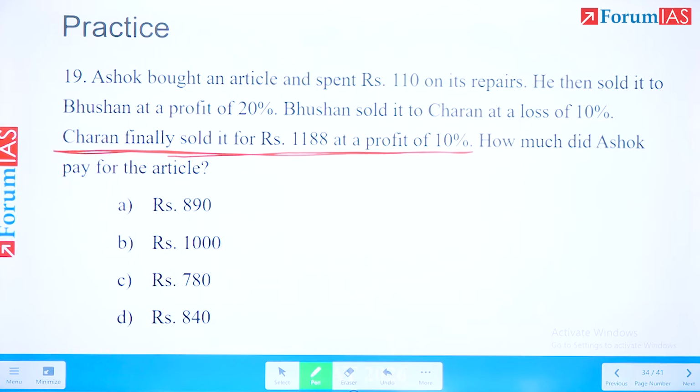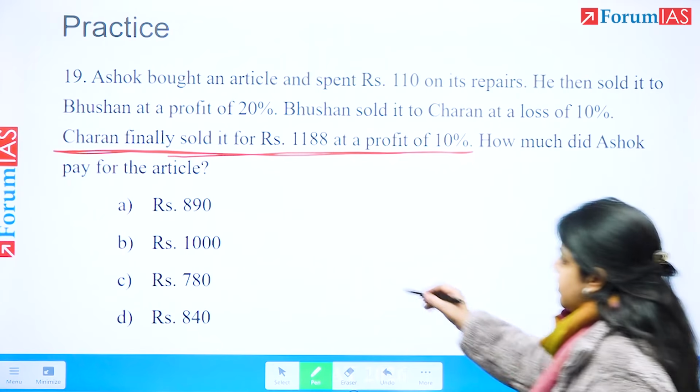You can also start with Charan. You know the selling price for Charan.